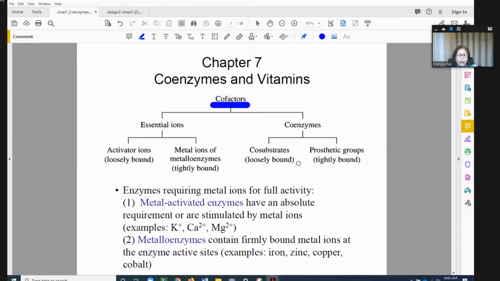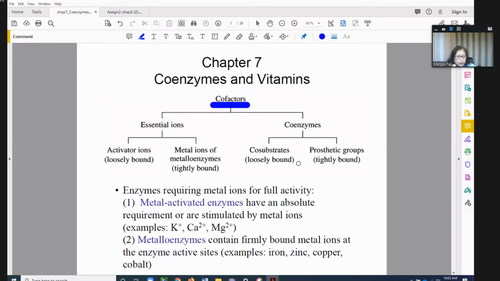Right? And within each of these groups of cofactors, they are subdivided further. In both cases, their subdivision is based on how tightly the groups are bound to the enzymes.